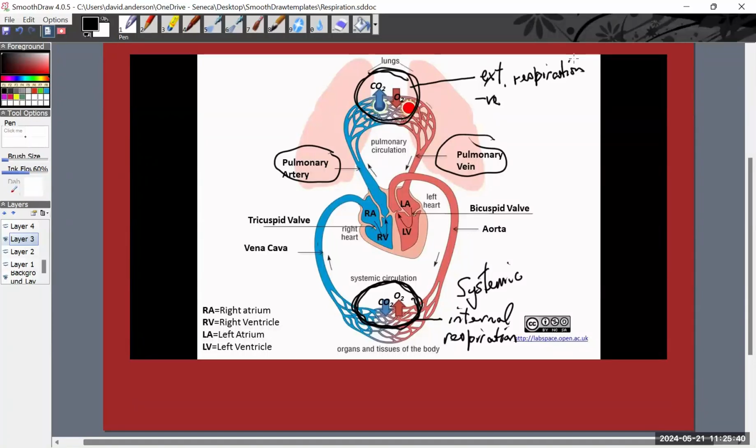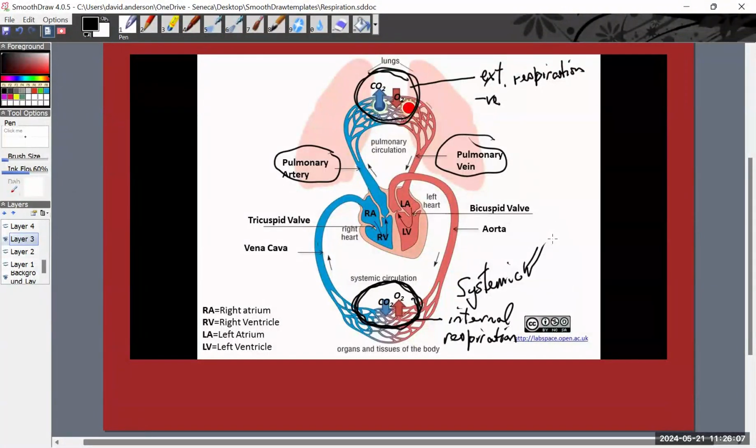So when we talk about blood supply to the lungs, you might think, well, the pulmonary arteries must be supplying the lungs. But keep in mind that the pulmonary arteries and the pulmonary veins are part of a pulmonary circulation. It would be the systemic circulation that's responsible for delivering oxygen to the lung tissue.